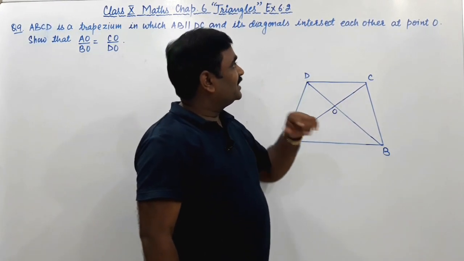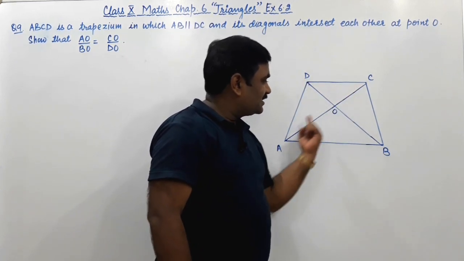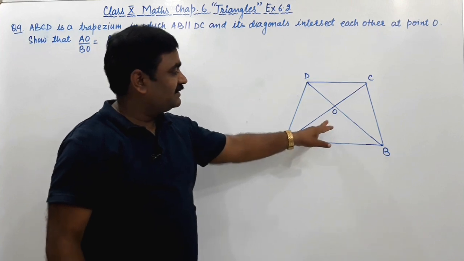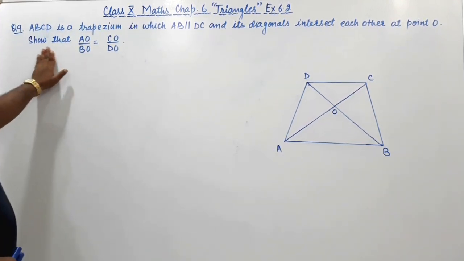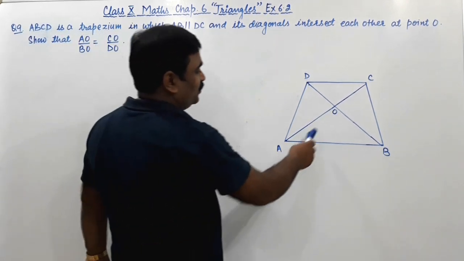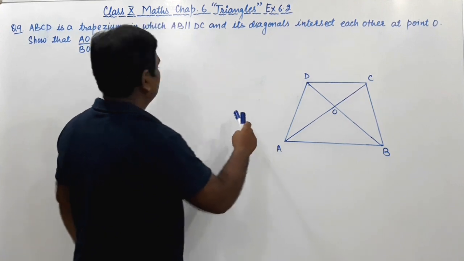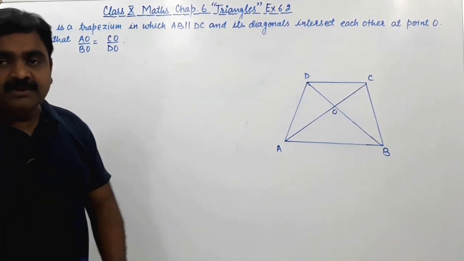AB is parallel to DC and the diagonals AC and BD intersect each other at point O, right? Then we are going to prove that AO upon BO is equal to CO upon DO.